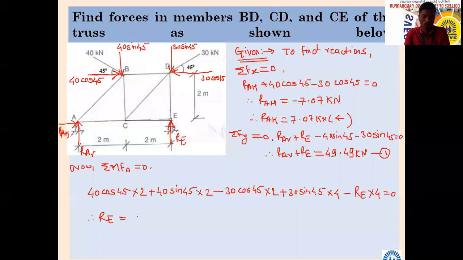I will also calculate for you. So 91.92. Just wait, 30 sin 45 into 4.